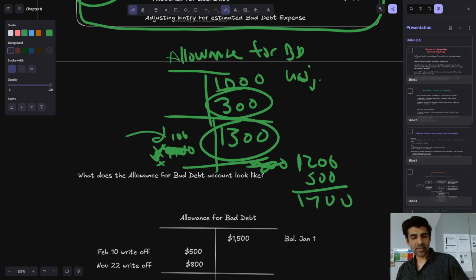So you can see it's growing. It started at 1,000, went to 1,300, went to 1,700, and it can keep growing like this. In this case, we're overestimating how much bad debt expense we have, and this method is not correcting that. It can just grow indefinitely. So that's one big flaw of this method.